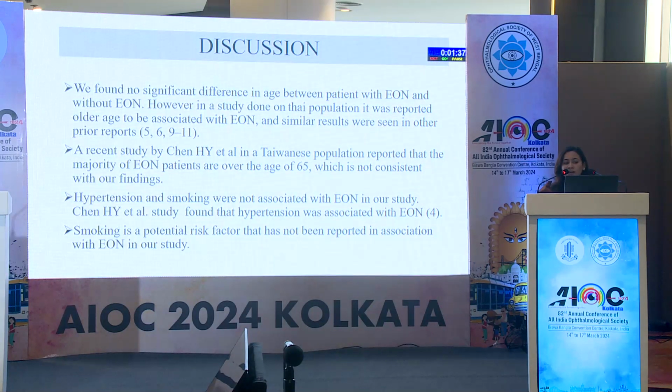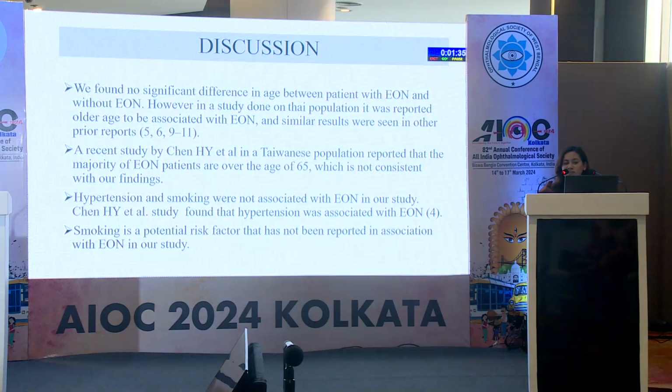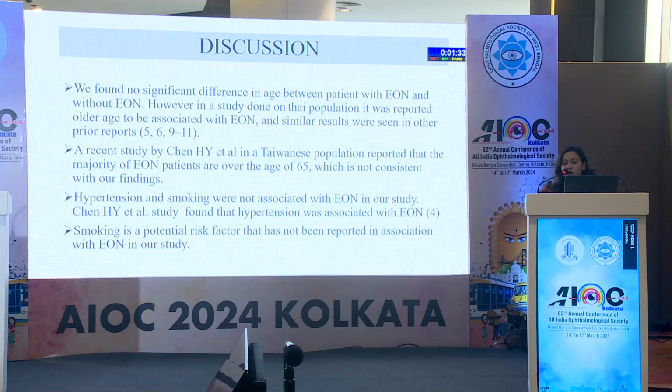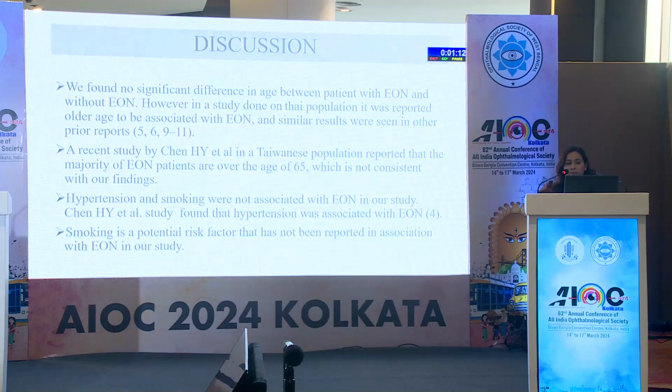So I would say that there was no significant difference in the age group we found, in contrast to previous studies, which suggest that age is highly correlated with ethambutol-induced optic neuropathy. We also did not find any correlation with hypertension and smoking, which are considered risk factors in previous studies.